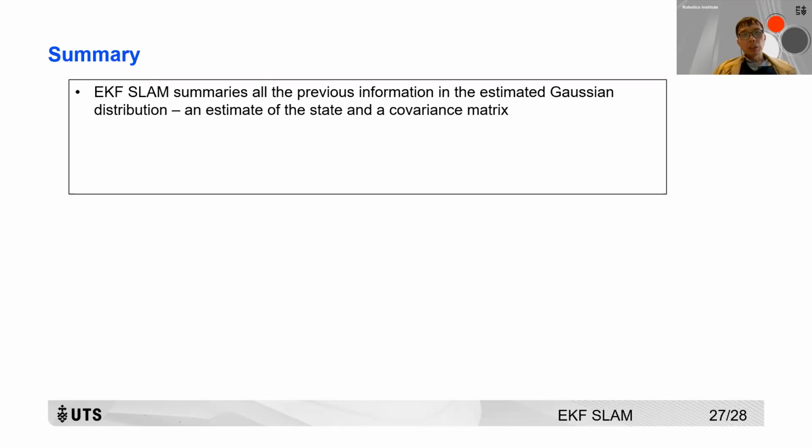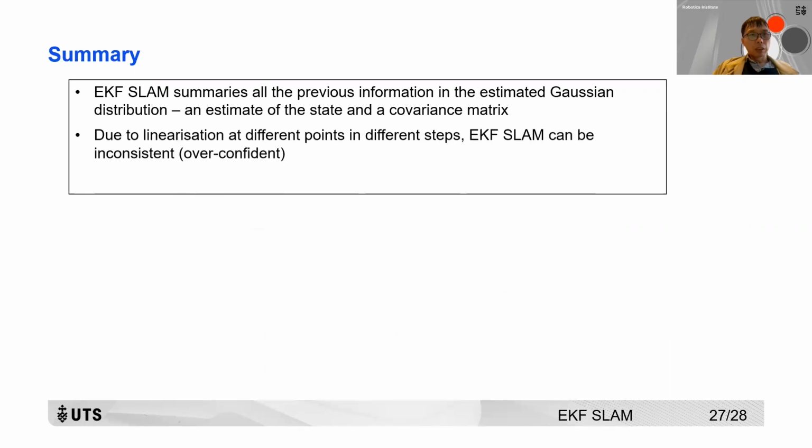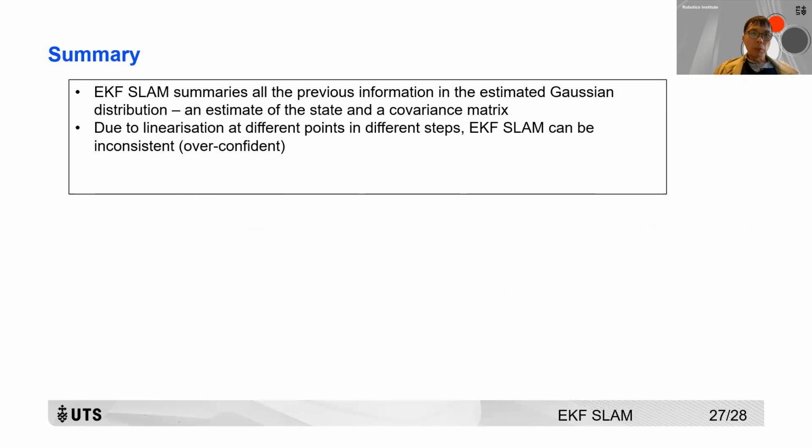Because we summarize all the information as a Gaussian distribution, we no longer use the original information again. We don't do linearization using the original information anymore. So if there is any linearization error, it's there and it can't be changed.